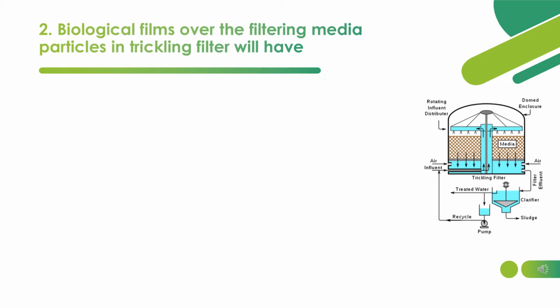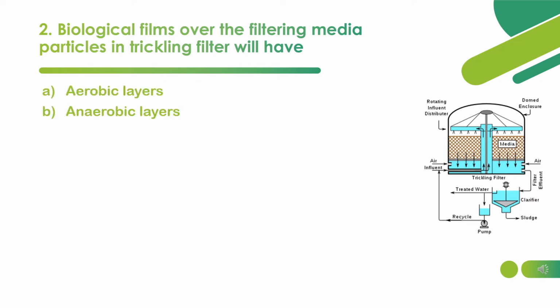So now let's see the second question. Biological films over the filtering media particles in trickling filter will have. So in trickling filter we have phenomena like biological films, a slime layer over the filtering media. So biological films over the filtering media particles in trickling filter will have what layer?